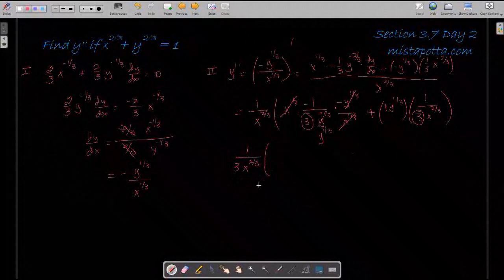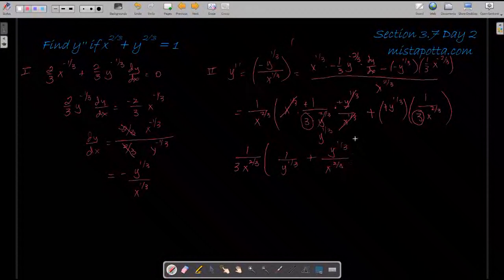And with what I've got left, of course, my negatives cancel out. So I'm left with just 1 over y to the 1/3 power plus y to the 1/3 power over x to the 2/3 power.